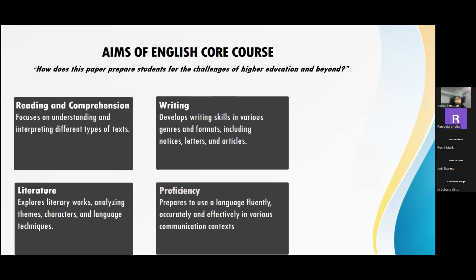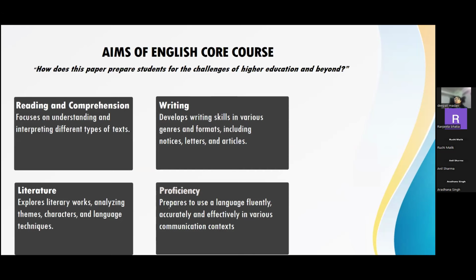Now, because we're talking about assessment here, we should be very clear about what the aims of the English core paper are. So what are we actually trying to achieve? We all know that the English paper is divided into 3 parts for class 12th. The first part is reading and comprehension.